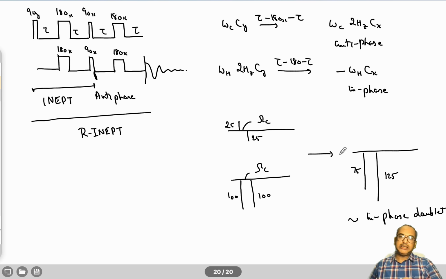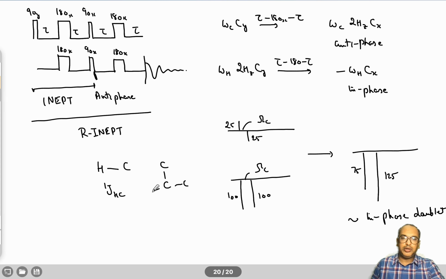Now one of the biggest side effects is that this type of pulse program works only for carbons which are connected to a proton, where there is a one bond scalar coupling between proton and carbon. For quaternary carbons, where there is no proton, the magnetization cannot be transferred to this carbon, and hence you will not get any signal for quaternary carbons in this case.